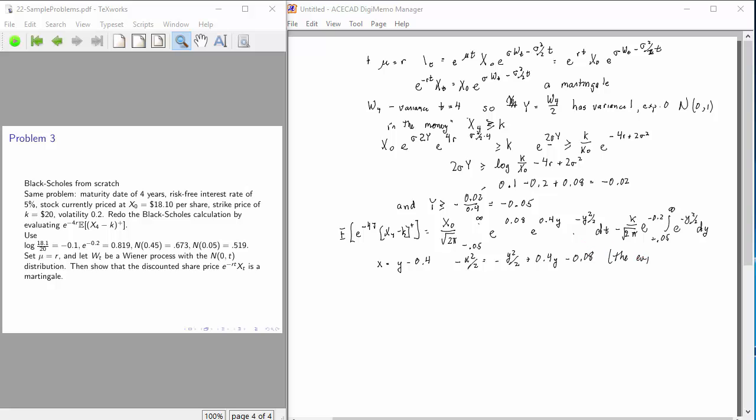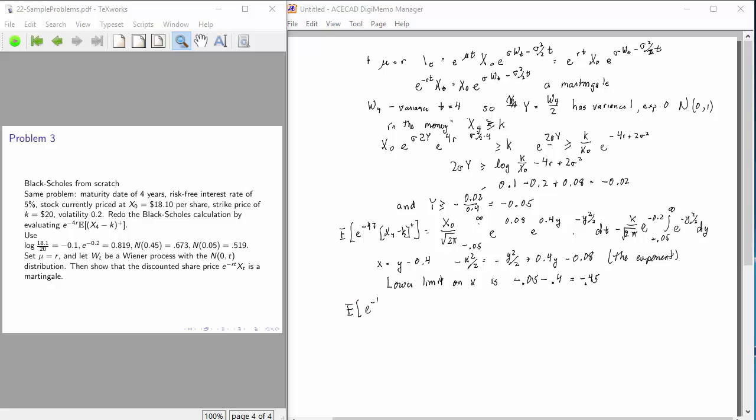That's the exponent we already had. Wow, that's great. So what's the lower limit? The lower limit for our new variable of integration, x, is minus 0.05 minus this extra 0.4. In other words, it's minus 0.45. And we're nearly done.